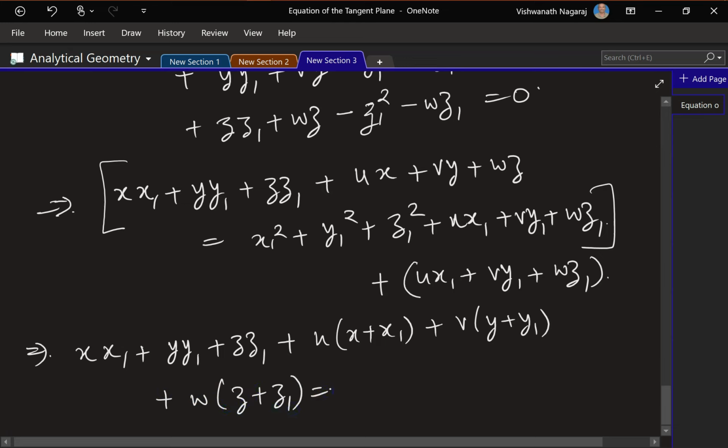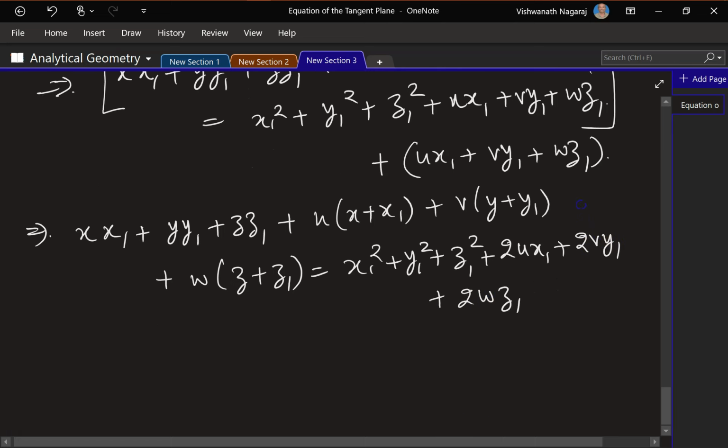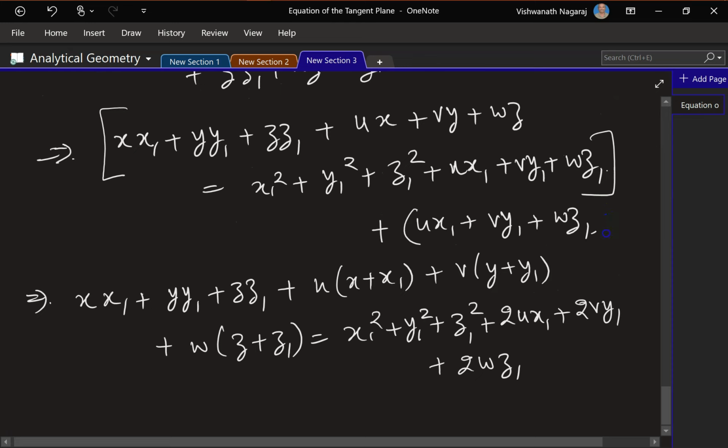Okay, this becomes x1 square plus y1 square plus z1 square plus 2ux1 plus 2vy1 plus 2wz1. Sorry, we have to add plus d also, because d also seems to be missing to make it a familiar kind of expression.